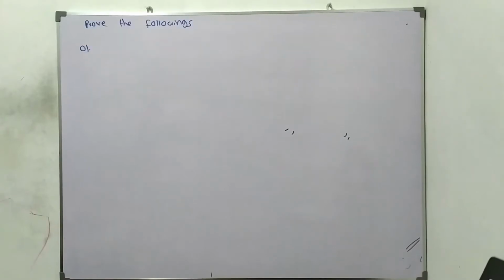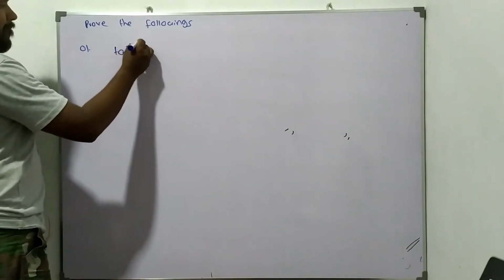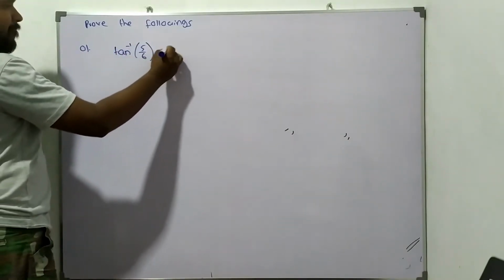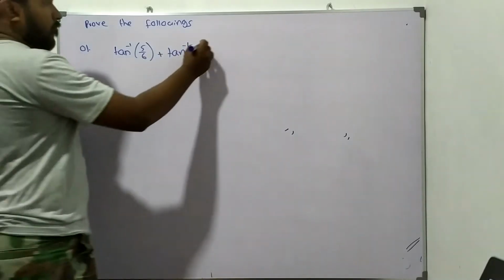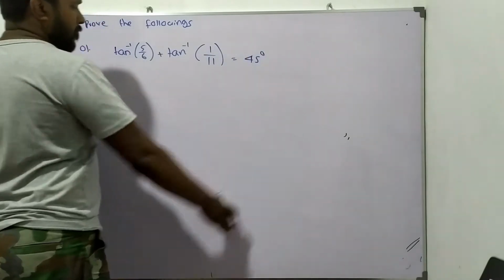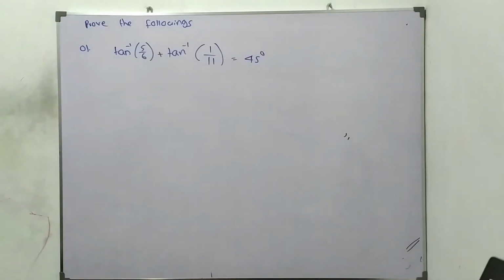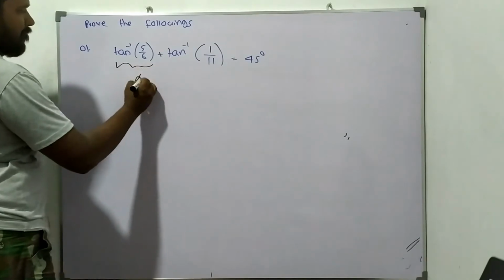Okay, according to the first one, prove the following. I am taking an example: tan inverse 5 over 6 plus tan inverse 1 over 11 equals 45. So we have to prove this. Normally we start from one side and prove it, so I'm going to start from the left hand side.